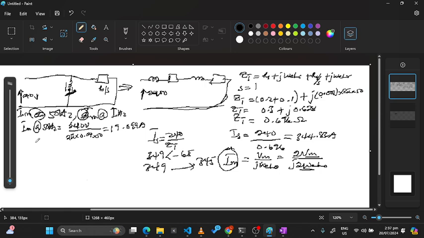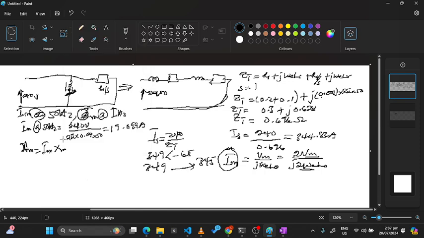So then Im at 50 hertz. Im at 1 hertz should be equal to this. So okay, let's find Vm at 50 hertz. Vm at 50 hertz is going to be Im Xm, right? So this should be equal to 19.099. Do we need that?